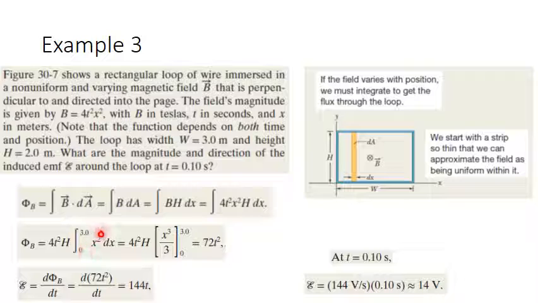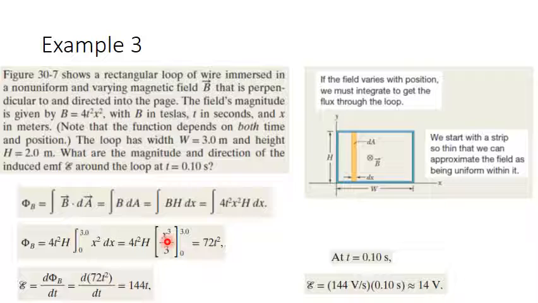The integration of x squared is x cubed over 3, and applying the limits from 0 to 3, this would be 3 cubed over 3, so it is 27 over 3.